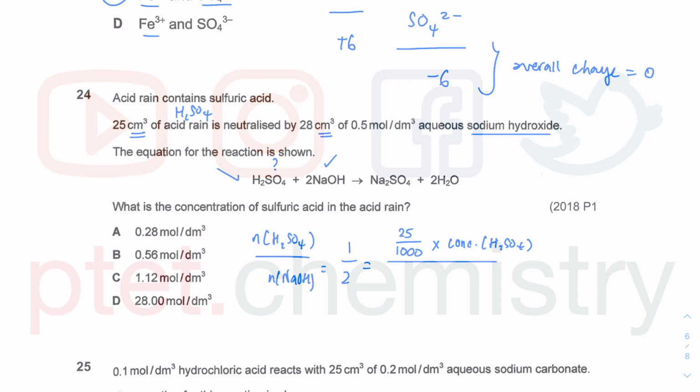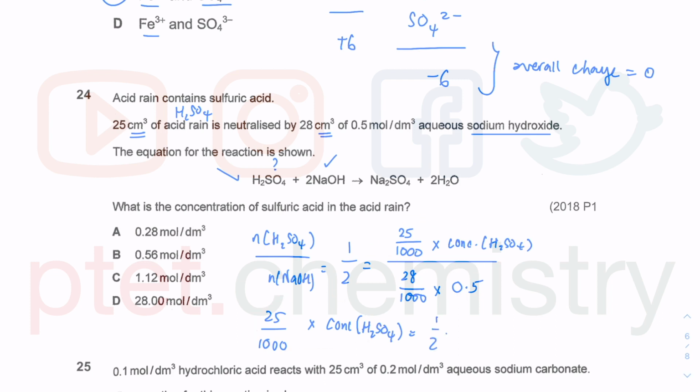Alright, so there is the mole of sulfuric acid, volume of sulfuric acid, times the concentration of sulfuric acid. At the bottom is 28 over 1000. This is the volume of sodium hydroxide multiplied by the concentration of sodium hydroxide. Next up, what you do is you just make this the subject, and you move all of this up there, and you move this down there. So hopefully, if you cannot see it, let me just do it so that you can hopefully see it. This whole thing is equal to this thing. I move this one up there first.